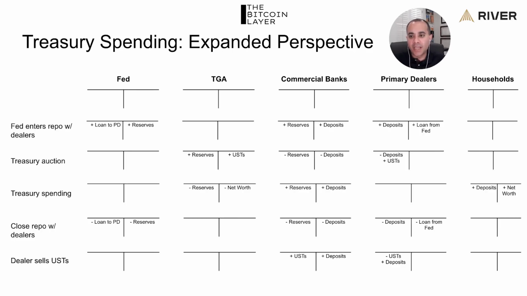But then second, it goes back to what we said at the beginning. Reserves are simply an assistant in allowing the money to flow through the system, but technically are not needed other than to get money into the TGA, because that's the only way the TGA can receive money.